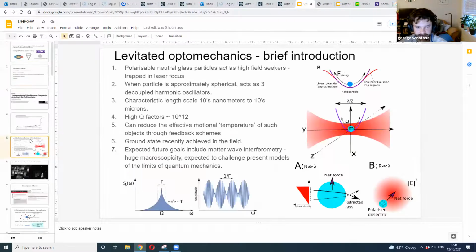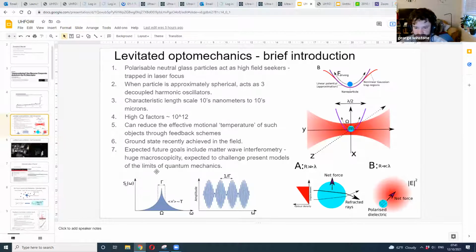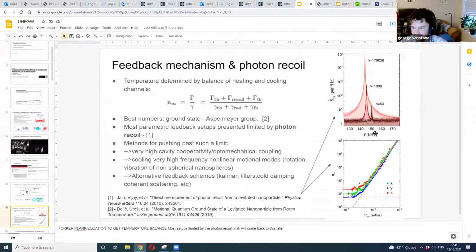For the refractive index of silicon dioxide, the position of this PSD in the motional spectrum turns out to be anywhere between 10 kilohertz and 100 kilohertz for the axial motion along the optical lattice. The other degrees of freedom along the X and Y axis, if Z is your optical lattice, can be up to maybe 300 kilohertz. That's the highest I've personally done in an experiment.